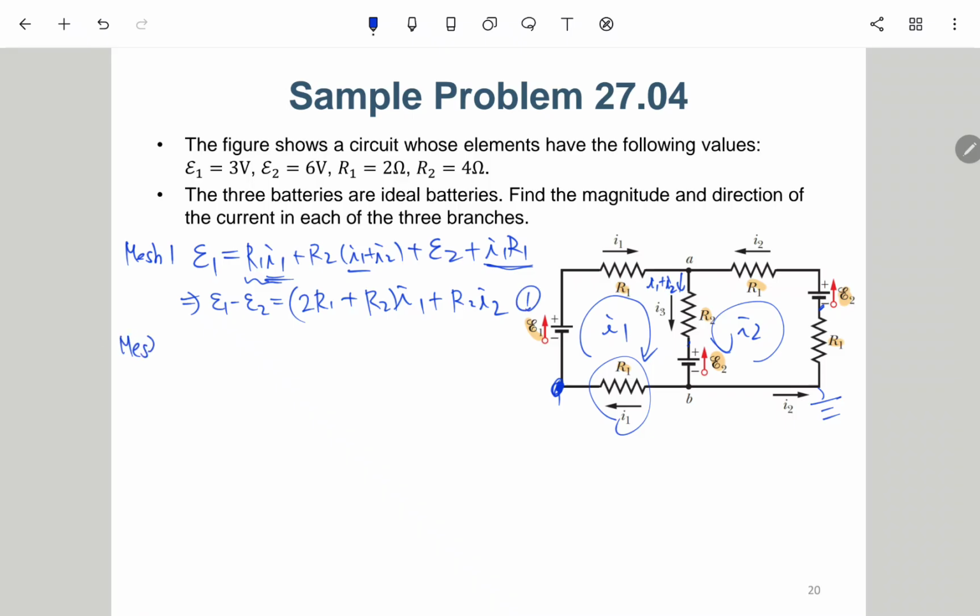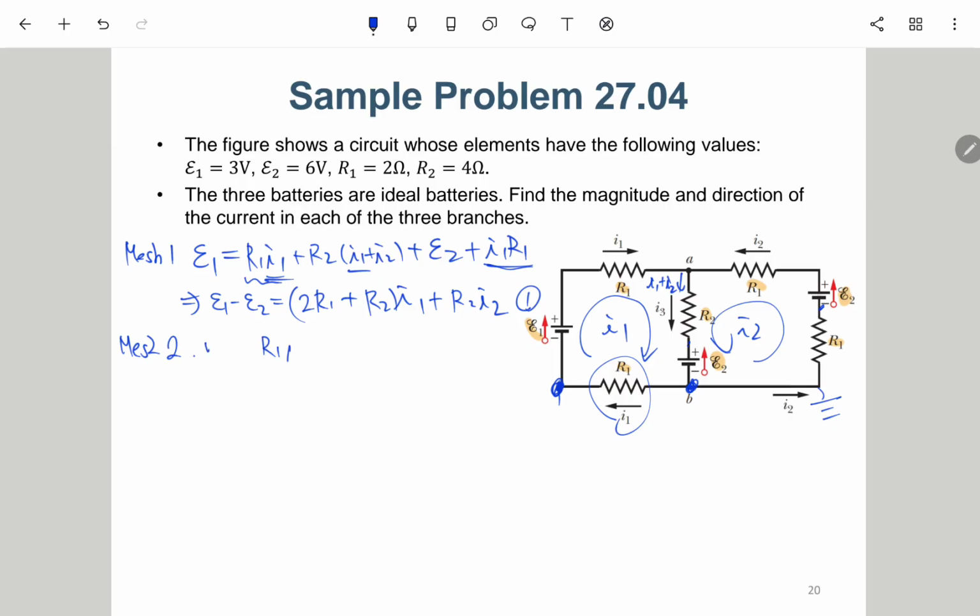And then for mesh 2, let us start from here, going counterclockwise. So this is R1 I2.